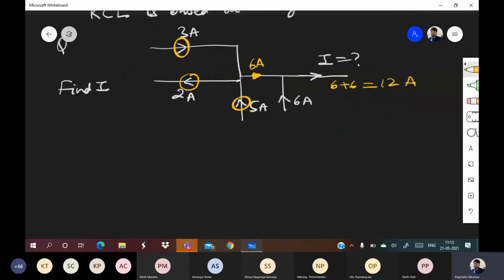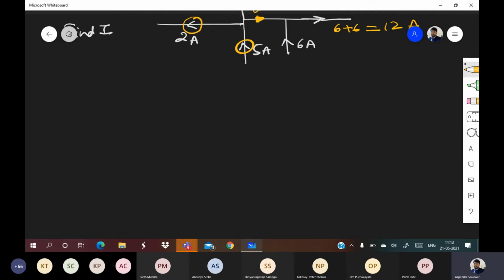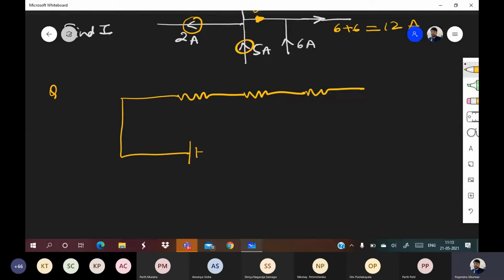All right. Next question. I am giving you a simple question so that you can understand what is happening here. So this is a switch and it is closed, and this is 50.